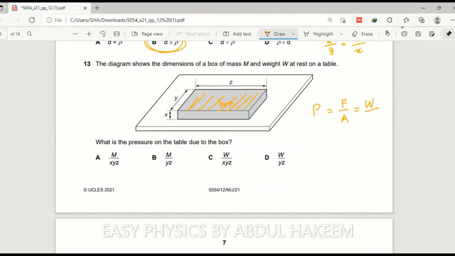The area of the box contacting the table is length and width. So Z length, Y width. So the pressure is represented by weight divided by area, so W divided by YZ. So D is the option.